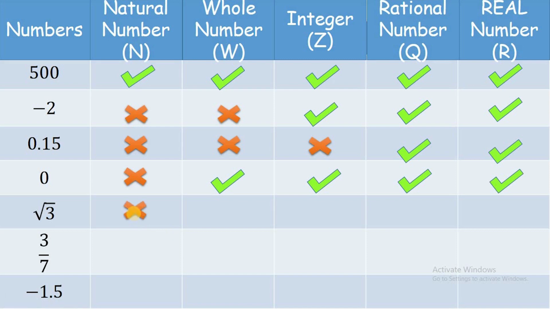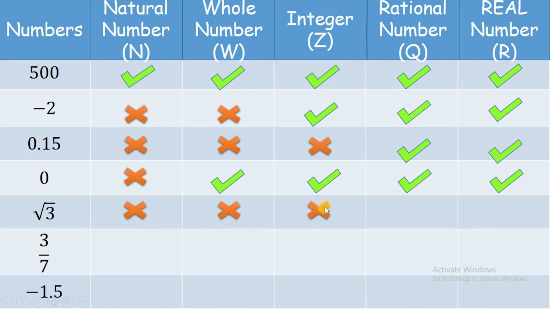And the next one is square root of 3. Now, in natural numbers, we don't have a square root of a number. Square root of 3 is equal to 1.73, so it keeps on going and it will not terminate. So square root of 3 is not a natural number. Square root of 3 is not a whole number.